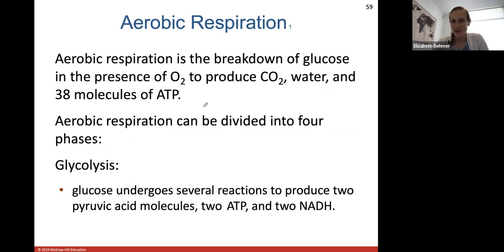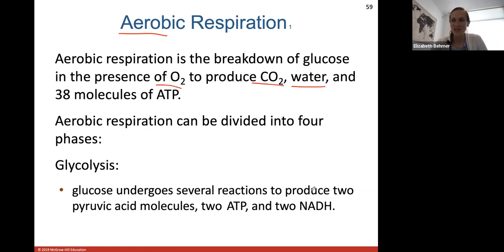Then aerobic respiration means that there is oxygen present, and whenever oxygen is present, we can always do a lot more. When we do aerobic respiration, we're breaking down glucose in the presence of oxygen to produce carbon dioxide as a waste product and water as a waste product.